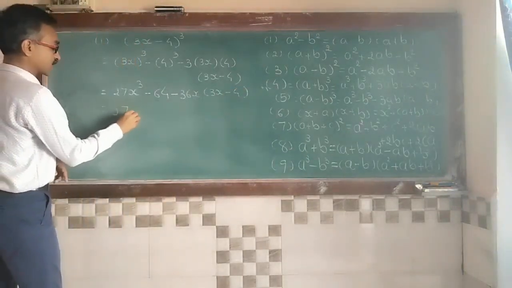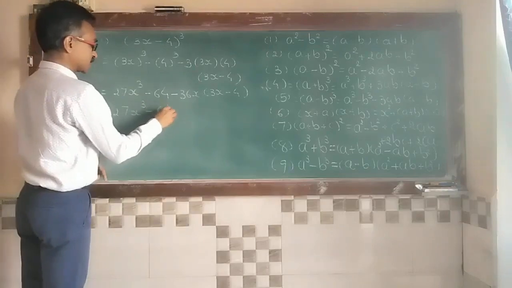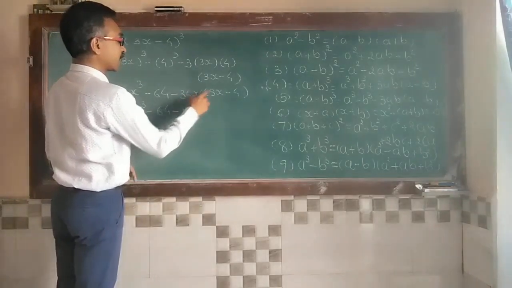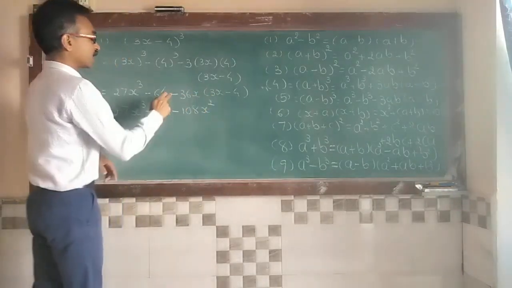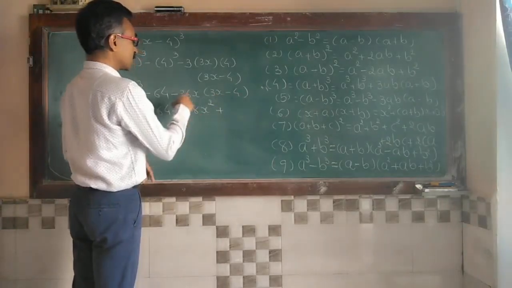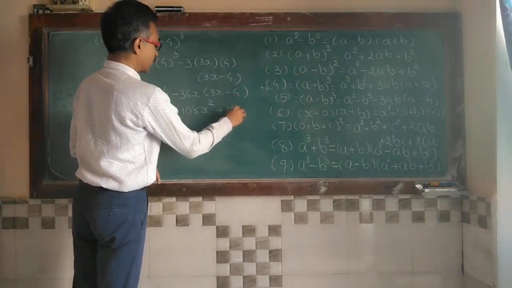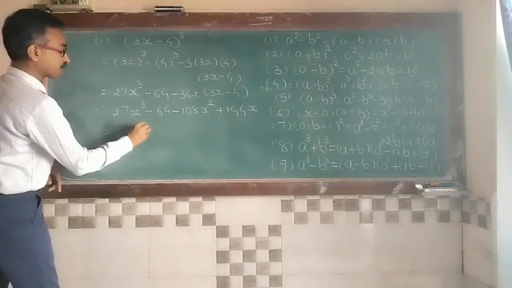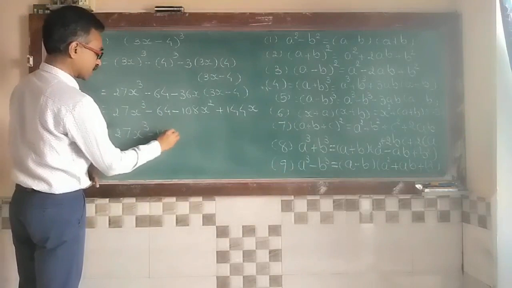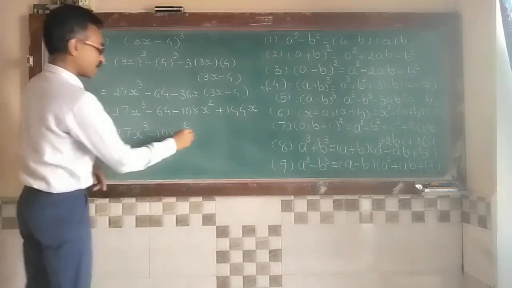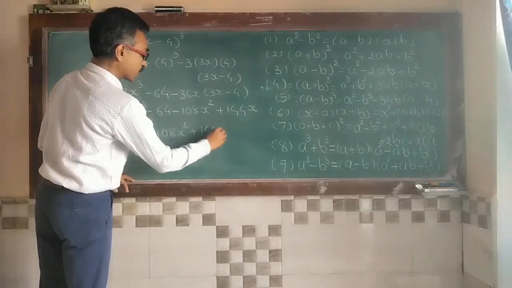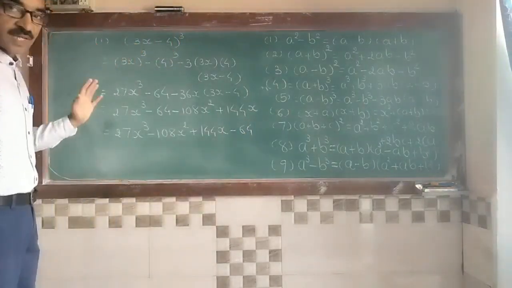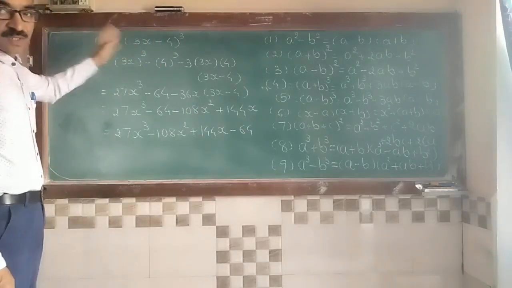So the answer is 27x cube minus 64 minus 36 3s are 108, x into x, that is x square, minus minus plus 36 4s are 144x. So the final answer is 27x cube minus 108x square plus 144x and minus 64. Okay, you can do more exercises for this.